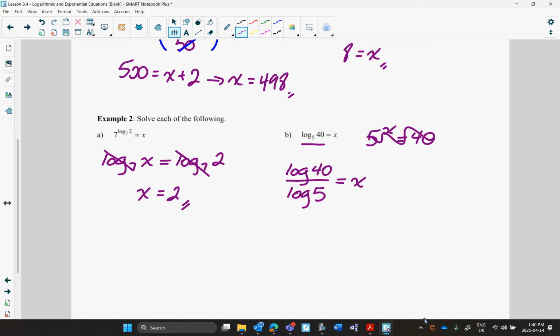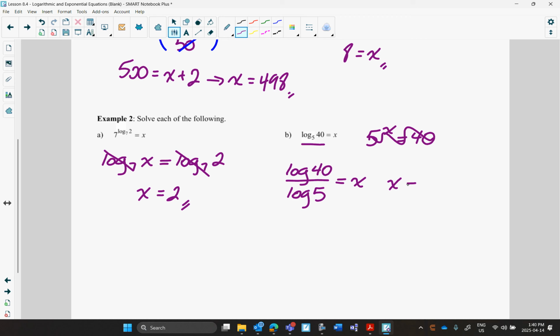So you're going to have to use your calculator for this one. You could have actually used your calculator for the last one too. You could have changed this to a decimal and then done 7 to the whatever that number is, you would have got the same answer. But just remember, if you get somewhere like this, you can always use a calculator for it. I'm not sure what exactly that works out to. 3 decimal places?